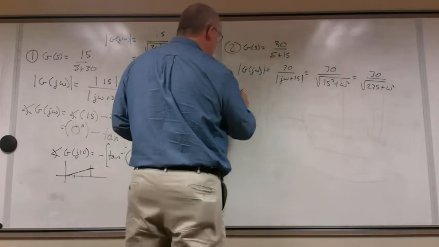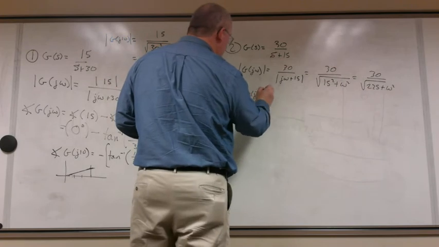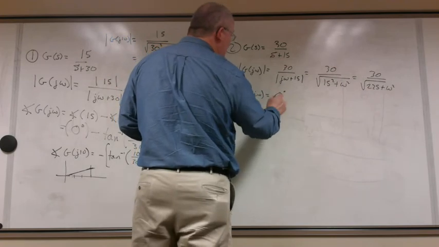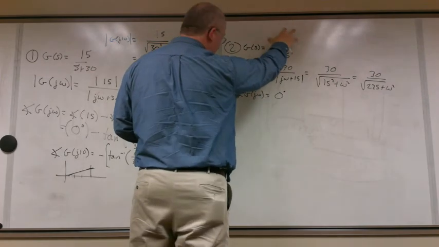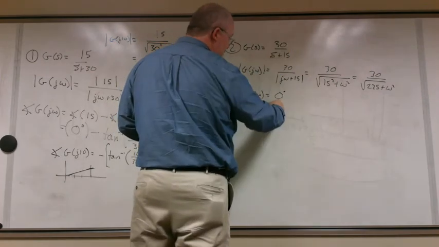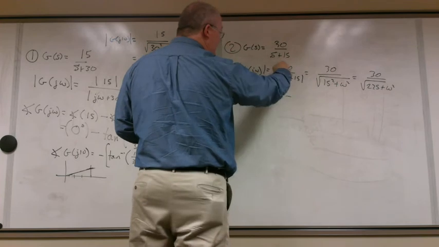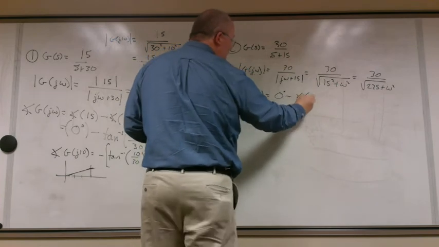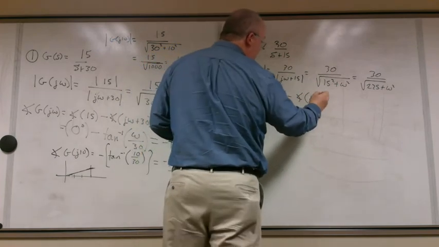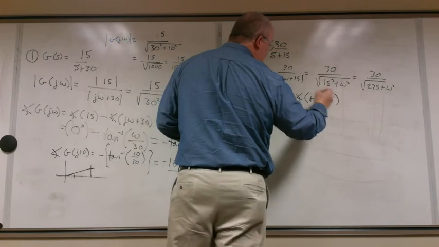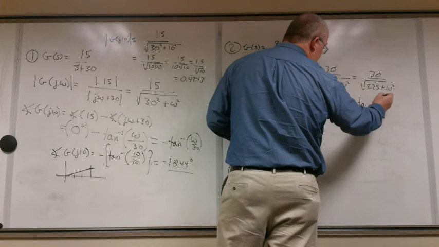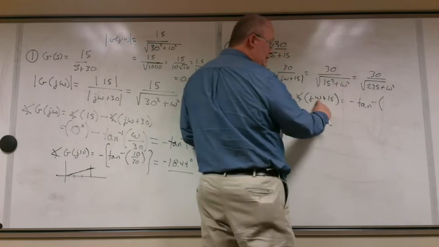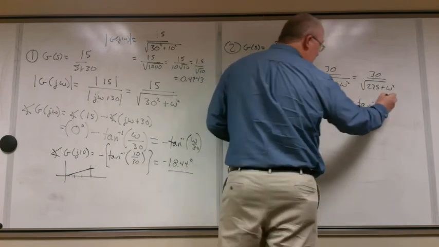The angle G of J omega is going to be equal to 0 degrees, because that's the angle of the numerator, which is the angle of the real number 30, which is 0 degrees, minus the angle of the denominator. So that's going to be minus the angle of J omega plus 15, which is equal to minus the inverse tangent of omega, the imaginary part, over 15.